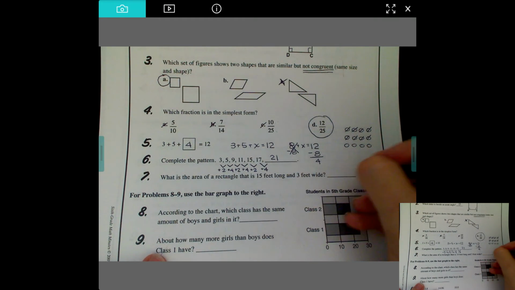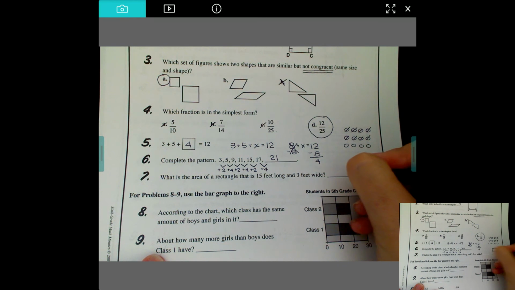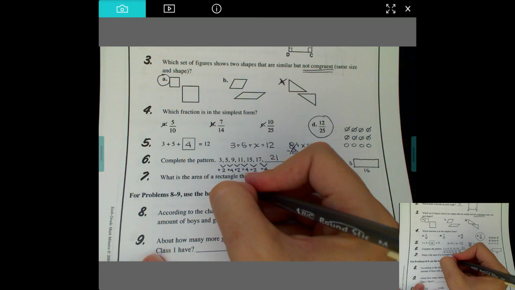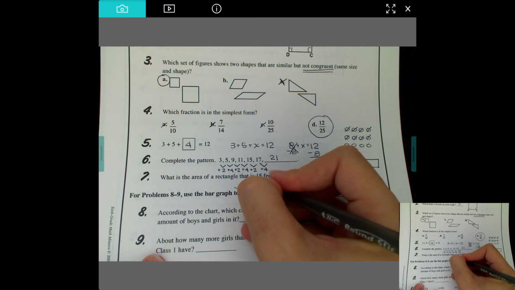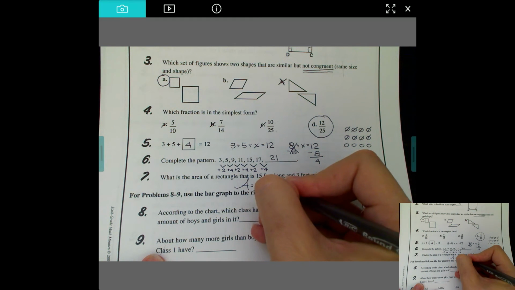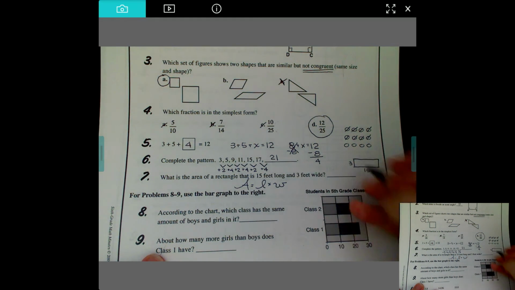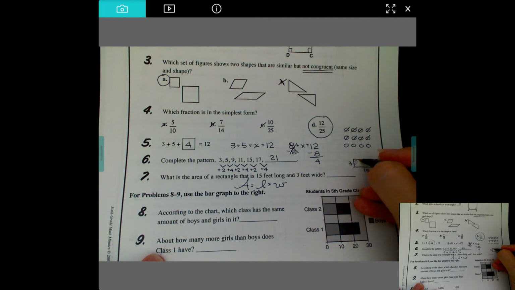Number 7, what is the area of a rectangle that is 15 feet long by 3 feet wide? We are talking about area. Area is equal to the length of a rectangle times its width, because when I'm talking about area, I want to cover all of this space.